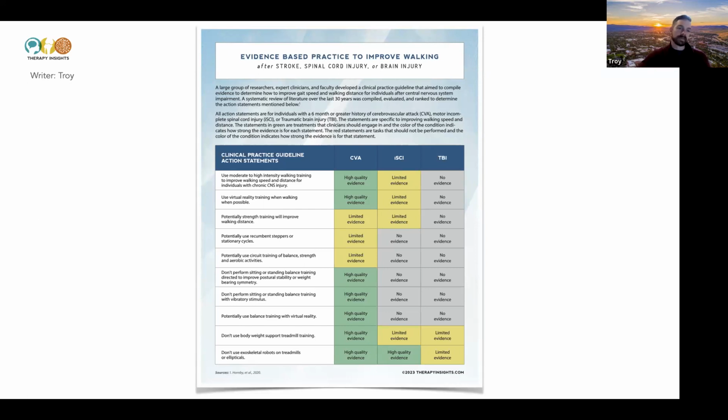So the goal here was to take that clinical practice guideline, I don't remember exactly how many pages, but it's at least probably 60, and boil it all down into one nice chart so that you can check these things off or not as you're developing your plan of care for these individuals. So hopefully it's a helpful one to go on your bulletin board in front of your computer or something.